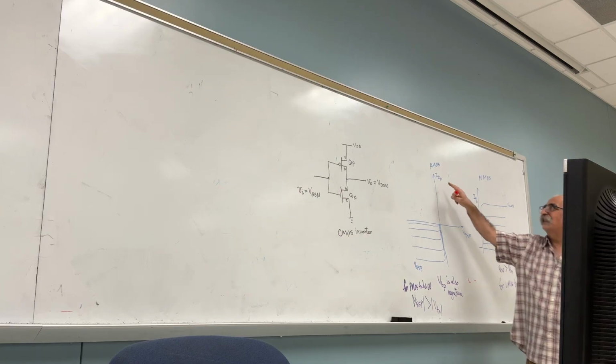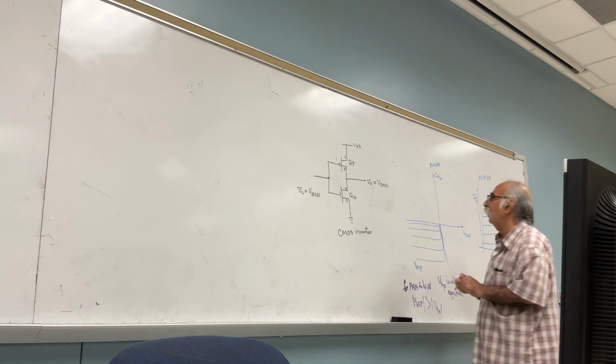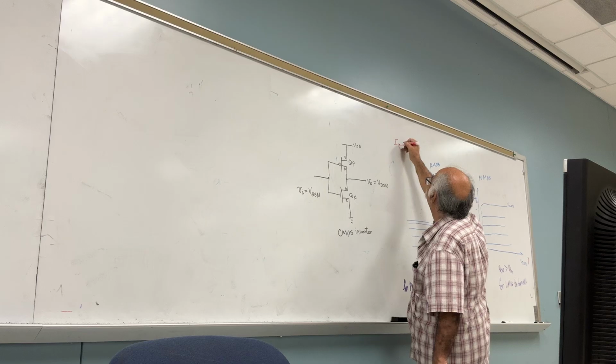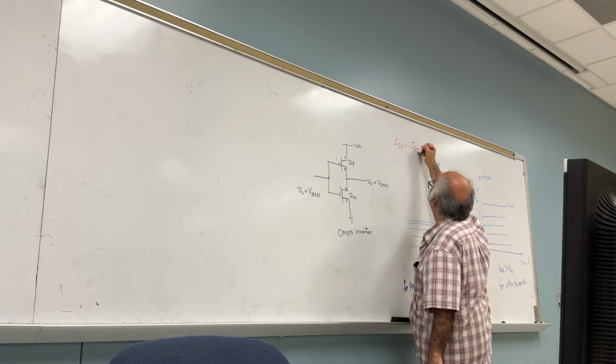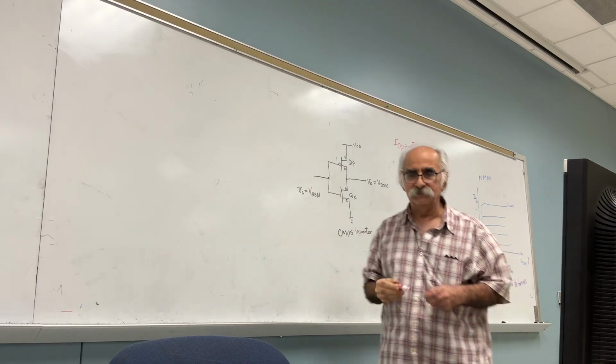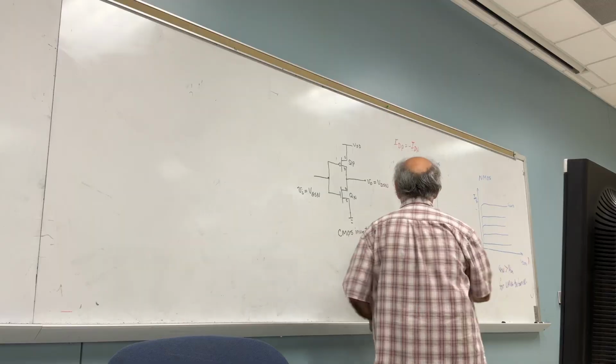IDN. What is the axis here? IDP. Clear? I need to change this into IDN. But what is the relationship between IDP and IDN? Opposite. So what do I say? IDP is equal to minus IDN. Or let's write IDN.